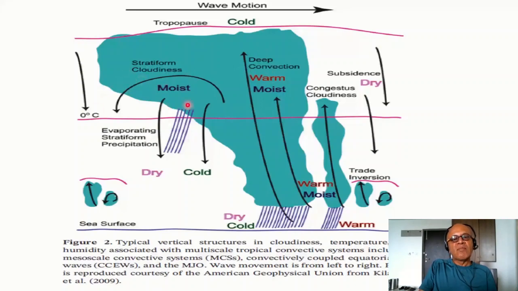So you have moist air above, dry cold air below, but here warm moist air ahead with shallow cumulus and congestus clouds and heating that is critical to create instabilities, moist static energy from advection and divergence at the top, and air-sea interactions which affect the latent heat exchange and moisture supply to the lower atmosphere into the free atmosphere, and westerly anomalies on the back side, easterly anomalies on the front side.